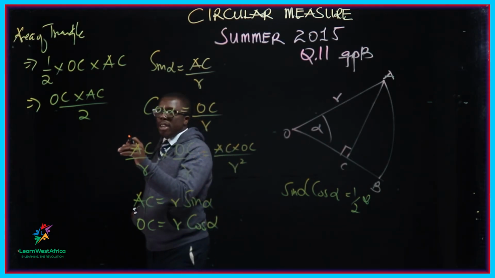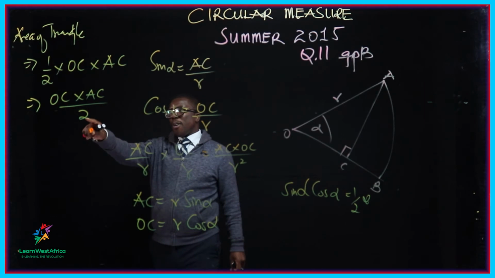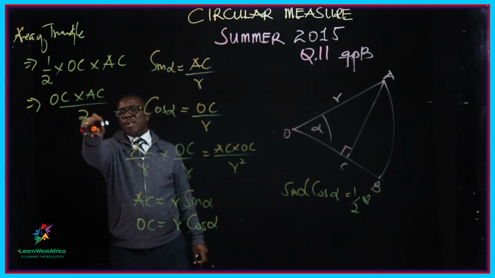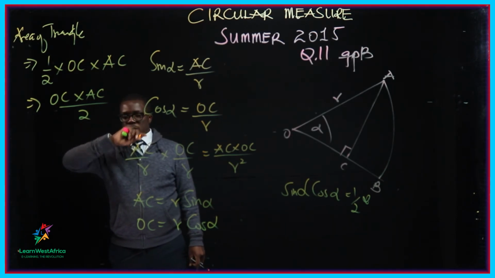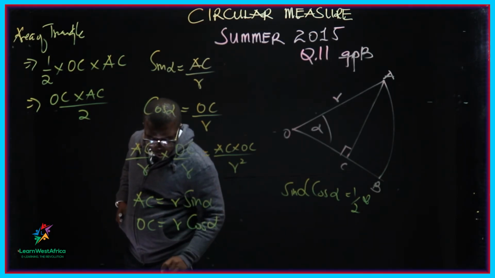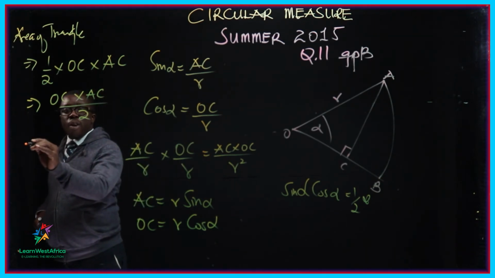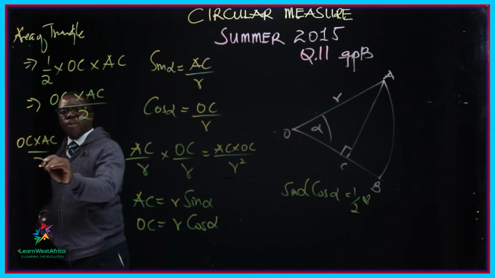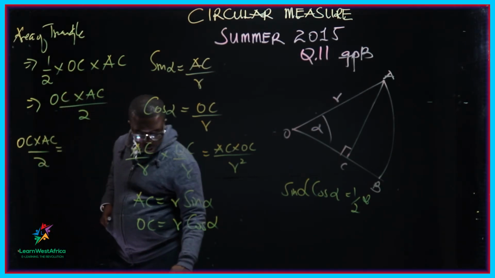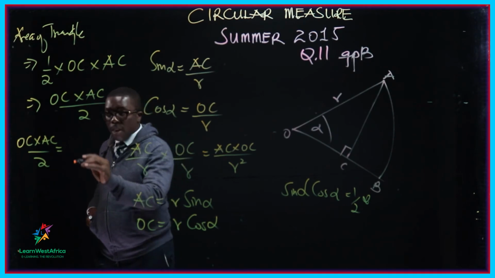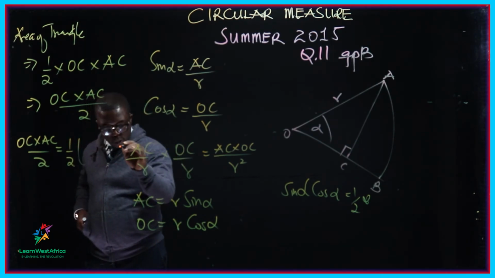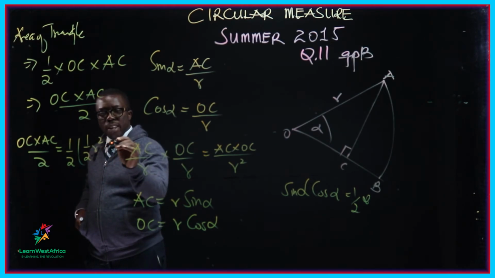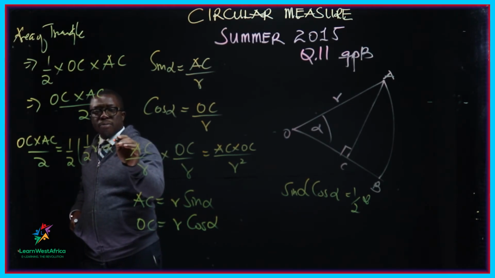Now, if you look at this relation carefully, we also see the area of our triangle being equal to OC times AC all over 2. So we can say that the area of our triangle, which is OC times AC all over 2, should be equal to half into bracket half R squared alpha.